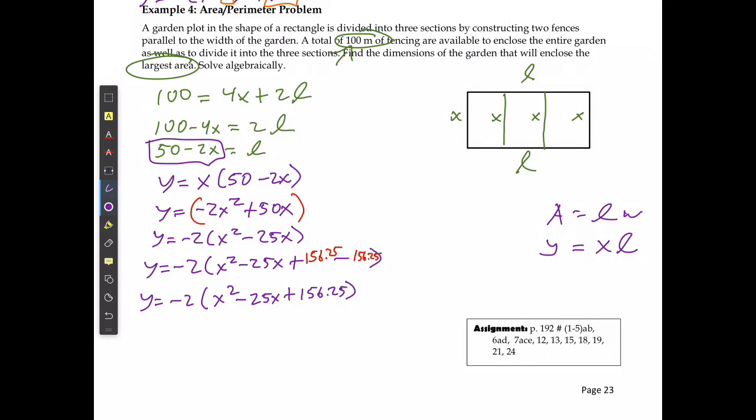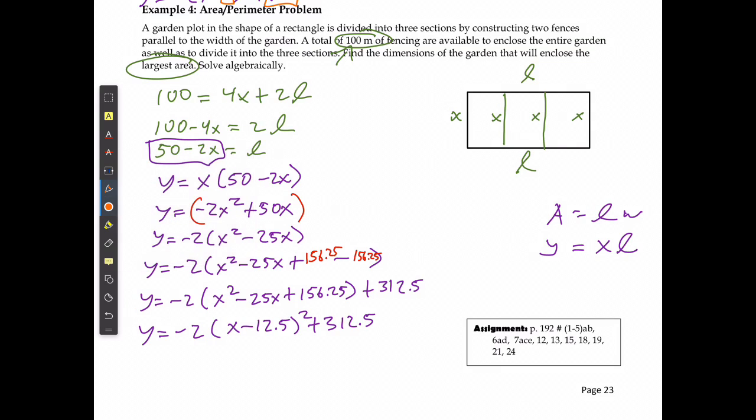And then when I multiply the negative 1 by negative 2, I'm going to get plus 312.5. Y is equal to negative 2 bracket X minus 12.5 squared plus 312.5.